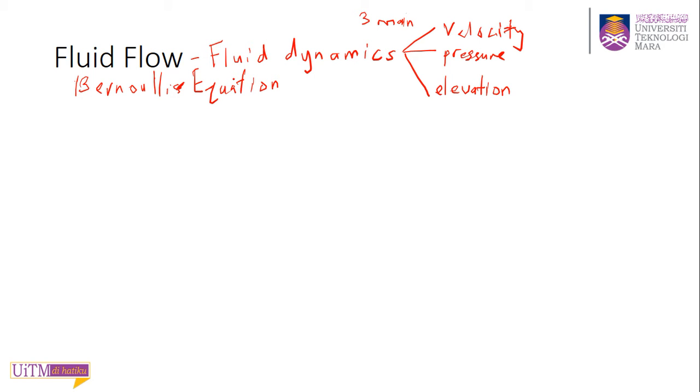Bernoulli, yes, Form 5. So I think it's very common. It's not an alien word. I think all of us have heard of the Bernoulli equation because we learned it in secondary school.